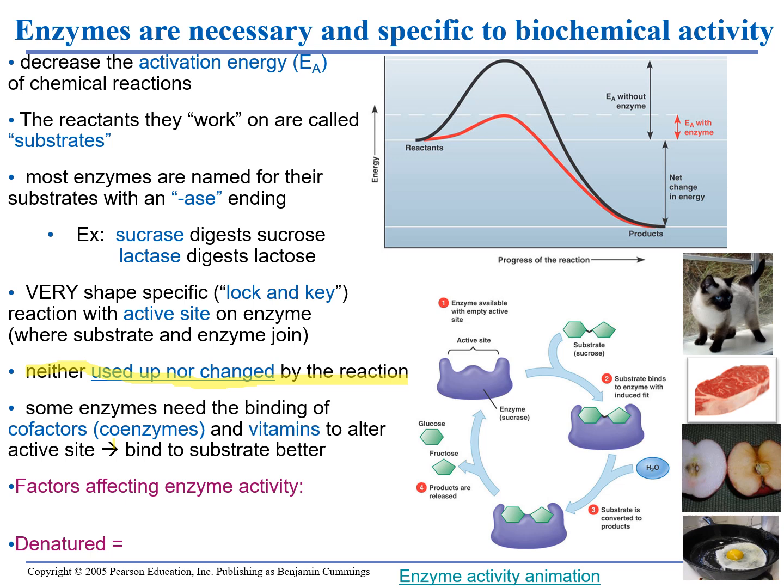These help the substrate bind onto the enzyme much better. Factors that affect the enzyme activity are the substrate concentration, inhibitors, pH, and temperature. Enzymes can get denatured, which is permanent, and they lose their 3D shape. This denaturing does happen due to pH, temperature, substrate concentration, and inhibitors.